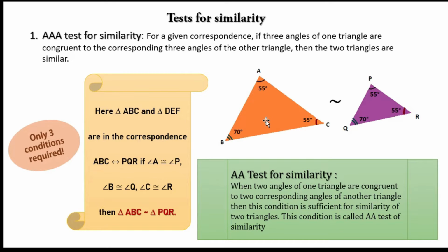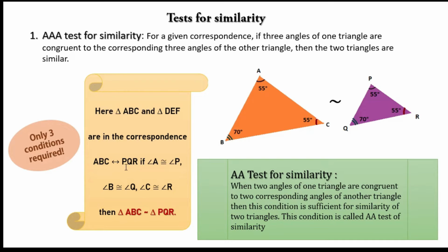Here, triangle ABC and triangle PQR are the two triangles, and we have to prove that these two triangles are similar using the AAA test. So what condition is to be checked? Triangle ABC and triangle PQR are in correspondence, that is, ABC corresponds to PQR.